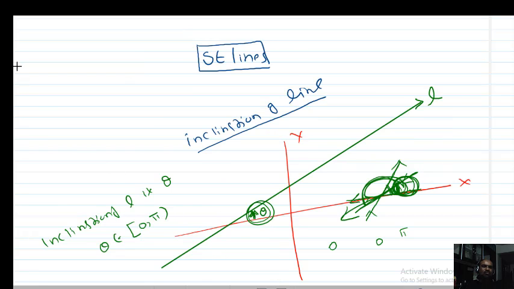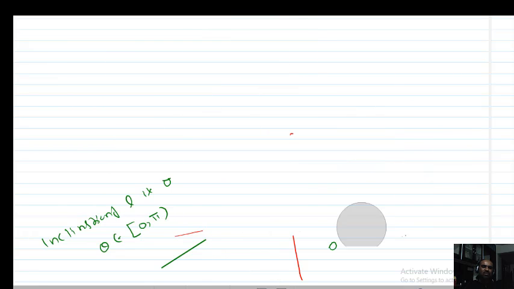Next, the concept of slope. Slope or gradient, all are the same. Slope of a line. If theta is the inclination of any line, then the tangent of that inclination is called its slope.